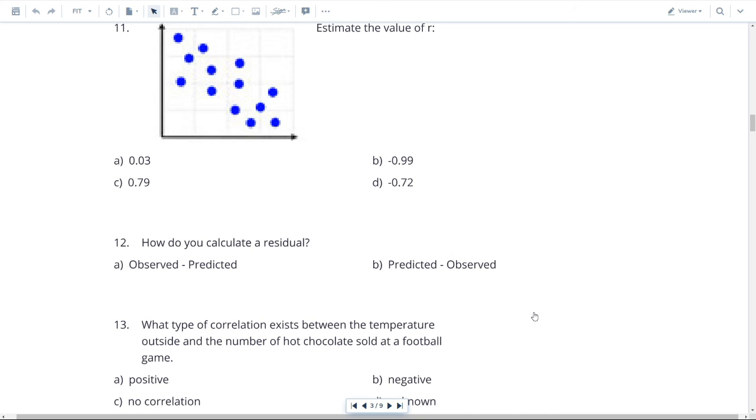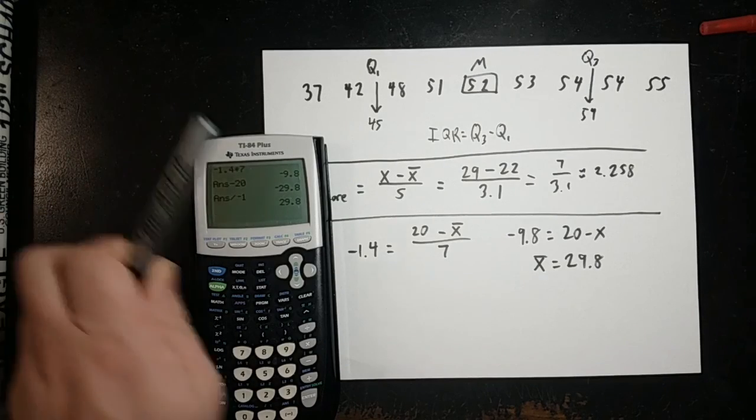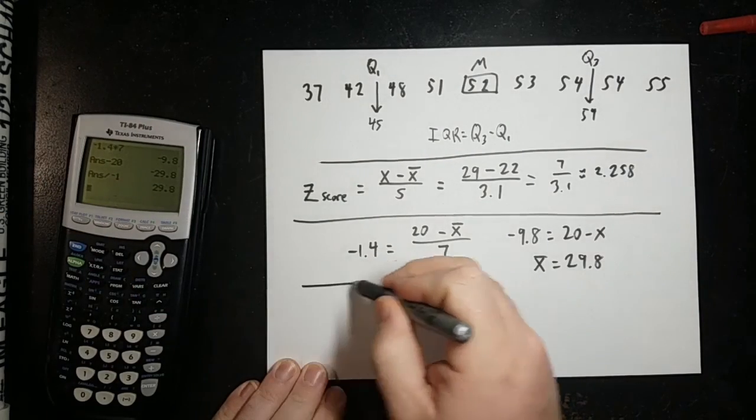Number 13. What type of correlation exists between the temperature outside and the number of hot chocolates sold at a football game? Now, 67% of you got this one right. But let me flip back to this screen real quick, just to give you a visual.